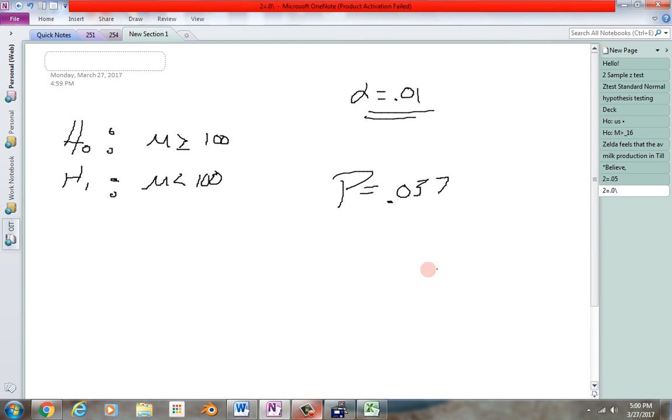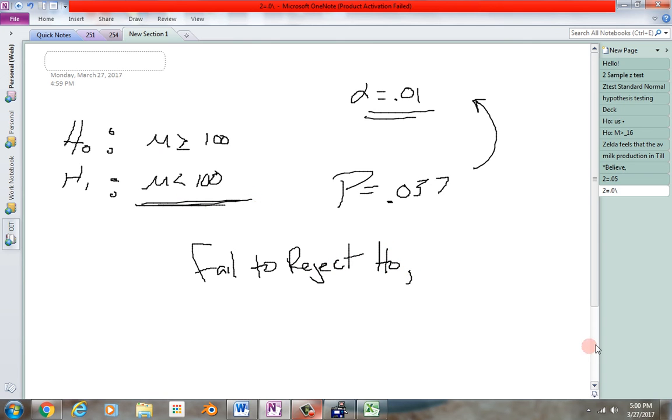0.037. Well, this is bigger than alpha. It's bigger than alpha, so what am I going to do? I'm going to fail to reject H naught. Well, now Bob said he ate less than 100, so Bob is wrong.